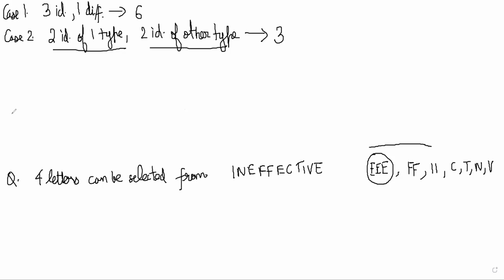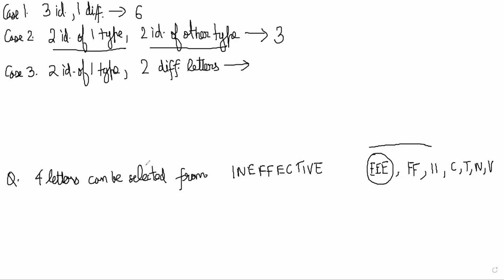Then case three is two identical of one type and two different letters. This can be done in how many ways? First selecting two identical of one type will be three ways.